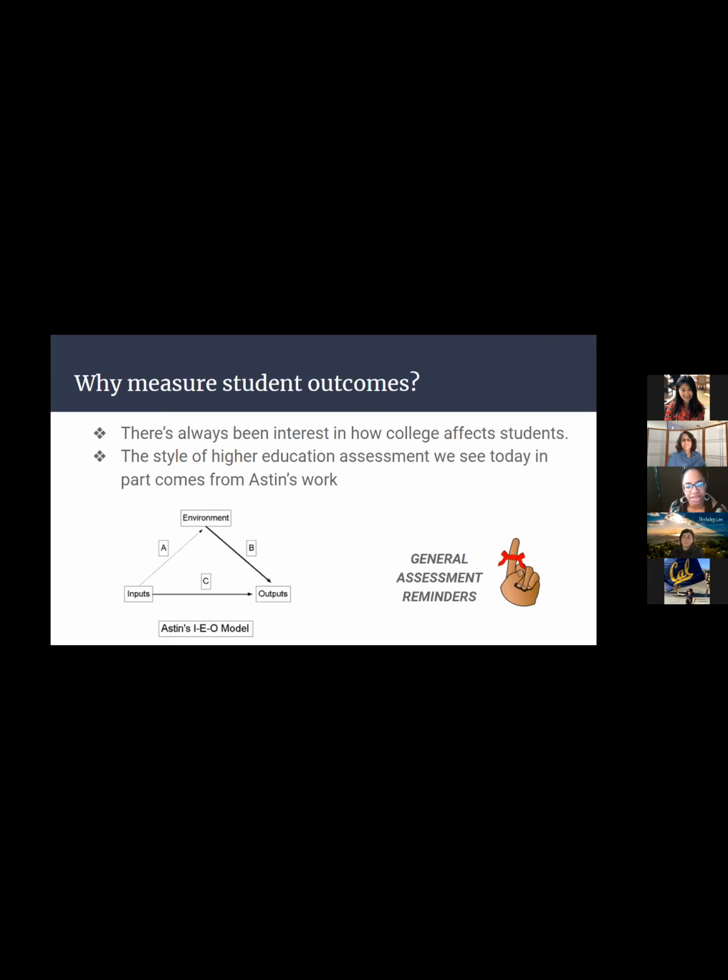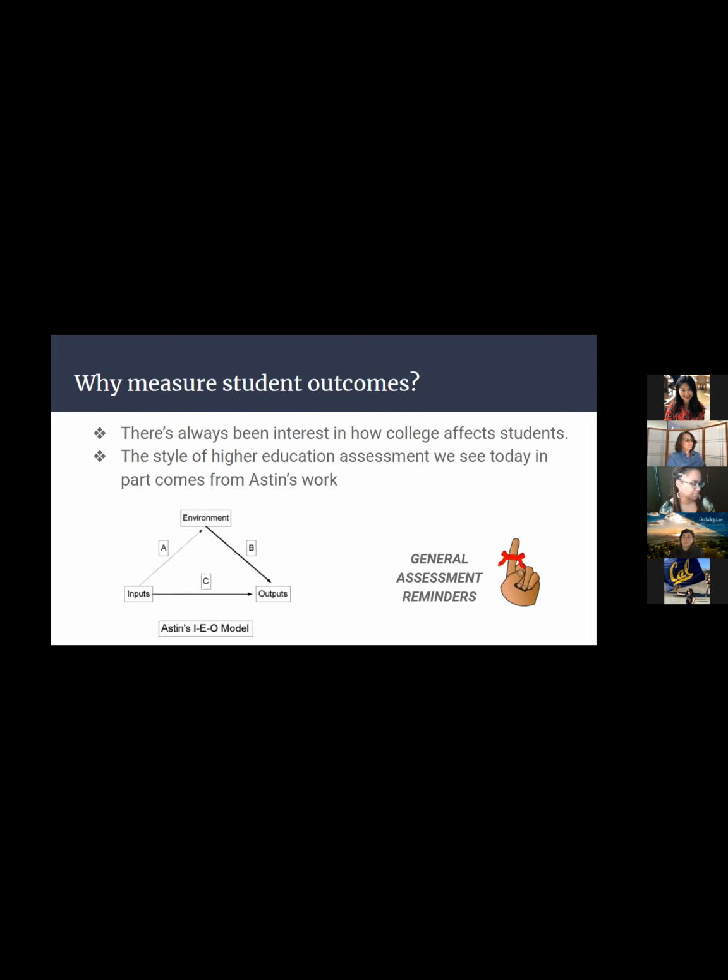But the current style of assessing the college student experience is credited to Astin's work that he started publishing in the 70s and has refined since then, but I think a lot of what we use from Astin today was published in the 90s.